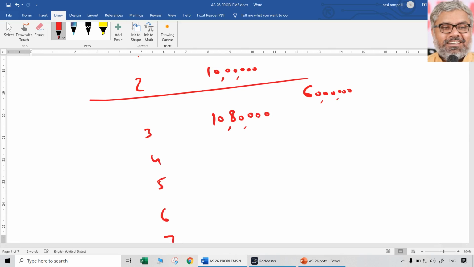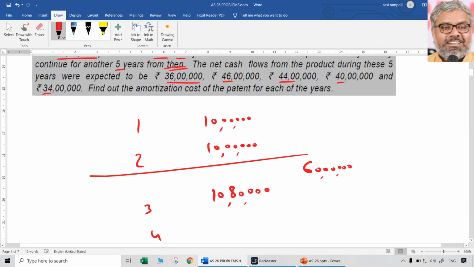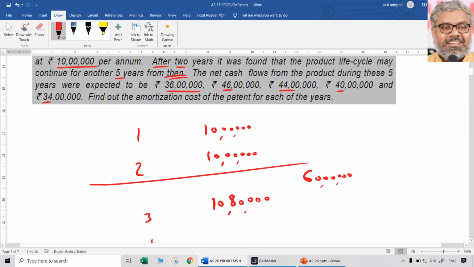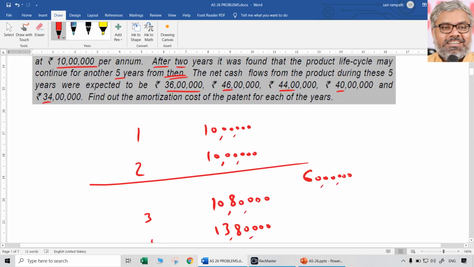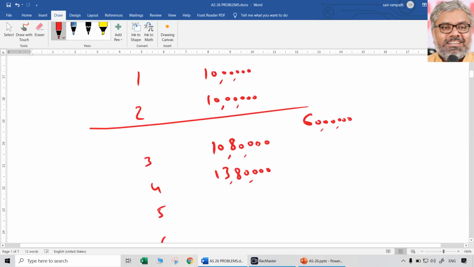You need to calculate this on calculator. Then fourth year it will be 13 lakhs 80,000. Fifth year it will be 44 lakhs, right? So 13 lakhs 20,000.